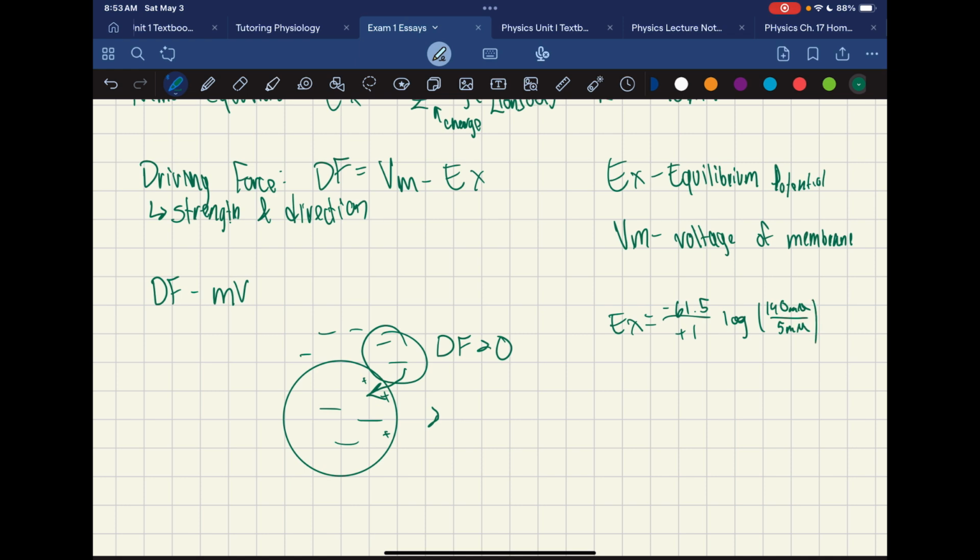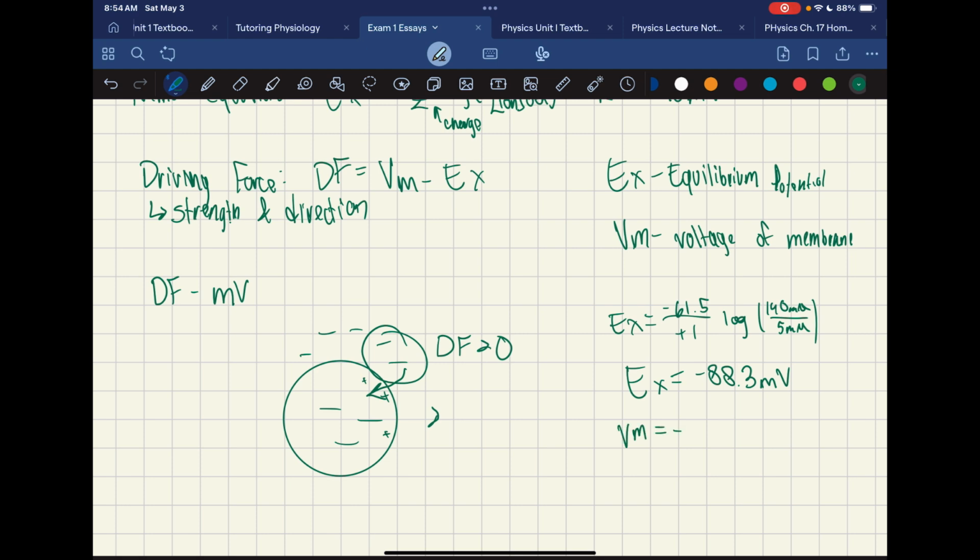Okay, so as I plug that into my calculator, which I already did so we could save some time, we find out that we are at negative 88.3 millivolts.